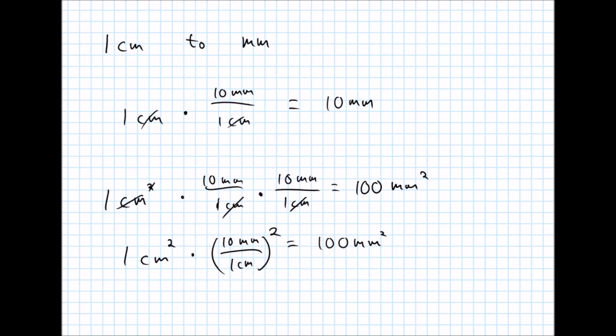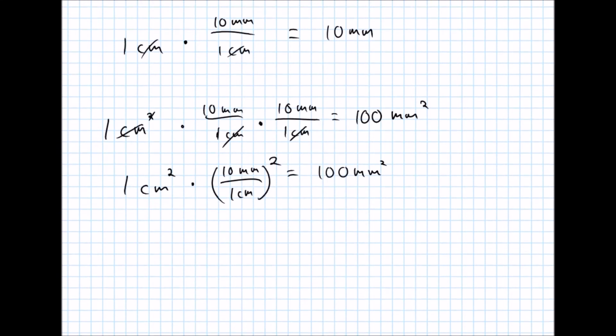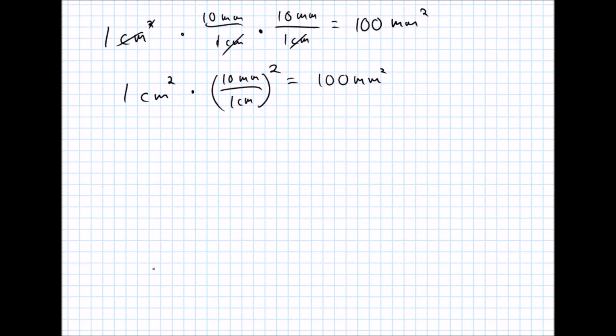Let's pretend that these little grids in the background are all 1 millimeter apart. They're probably not, but let's try it. So 1, 2, 3, 4, 5, 6, 7, 8, 9, 10 millimeters, which is, I guess, 1 centimeter.